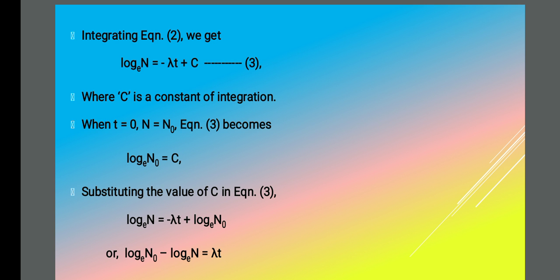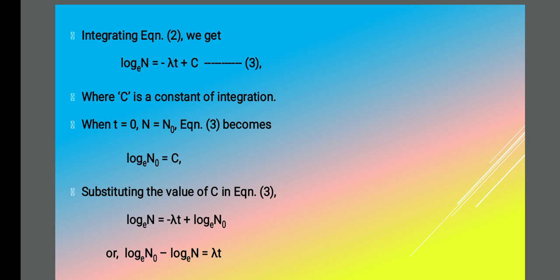We substitute t equal to 0, time equal to 0, and N, the number of radioactive atoms, equal to N0. If you substitute both in the equation, we get ln N0 equal to c. Is it okay? Now you substitute the value of c in equation 3.